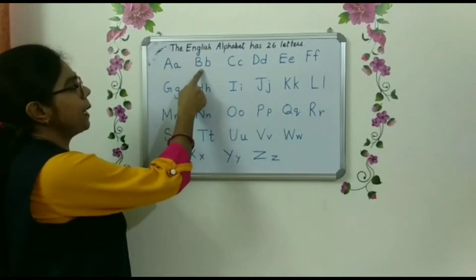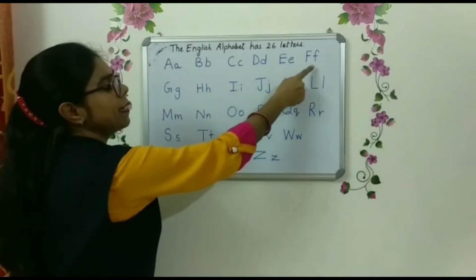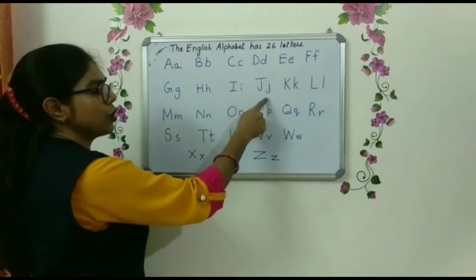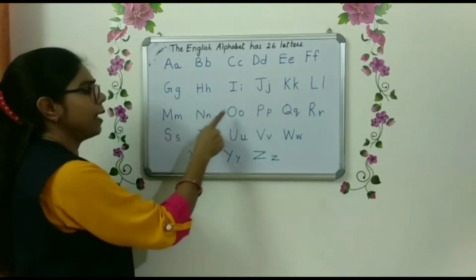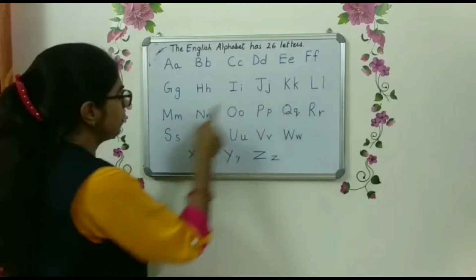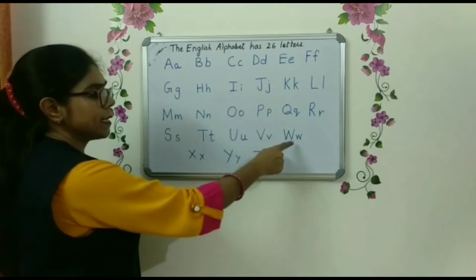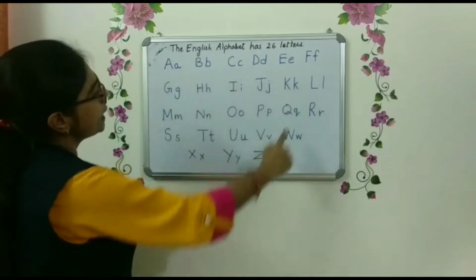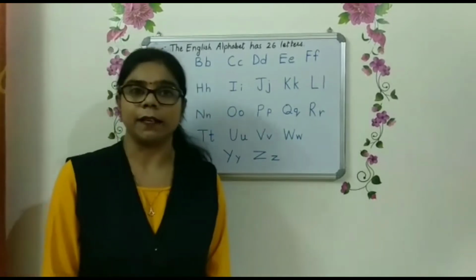A, B, C, D, E, F, G, H, I, J, K, L, M, N, O, P, Q, R, S, T, U, V, W, X, Y, Z. So these are the capital as well as small letters, right?